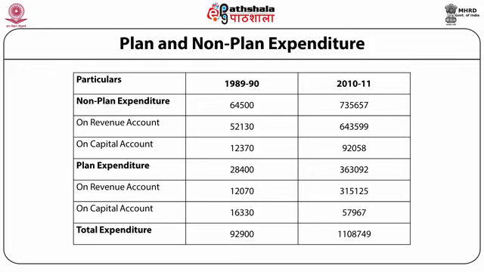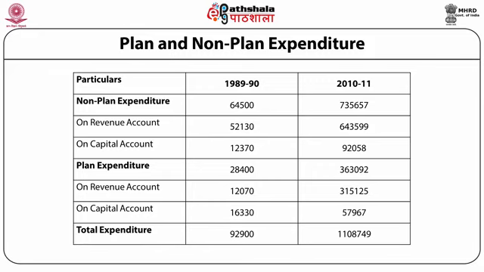Total plan expenditure, which was 28,400 crores, increased to 3,63,090 crores in 2010-2011. On revenue account, this was just 12,070 crores and it increased to 3,15,125 crores.